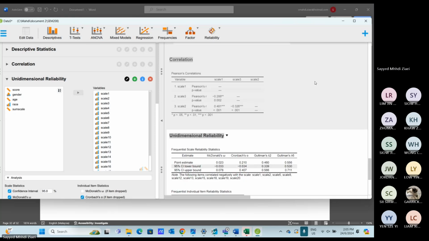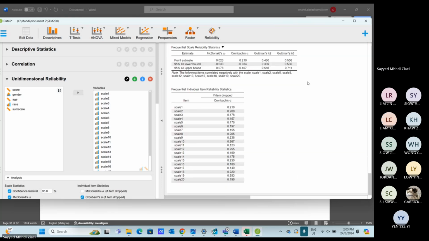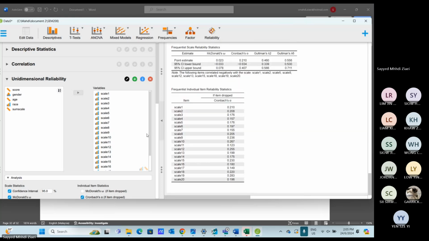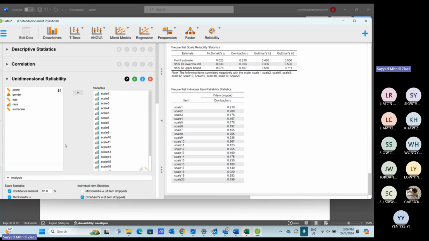So in this way, you can find different tests for reliability. And now you have many options here you can utilize for your test.